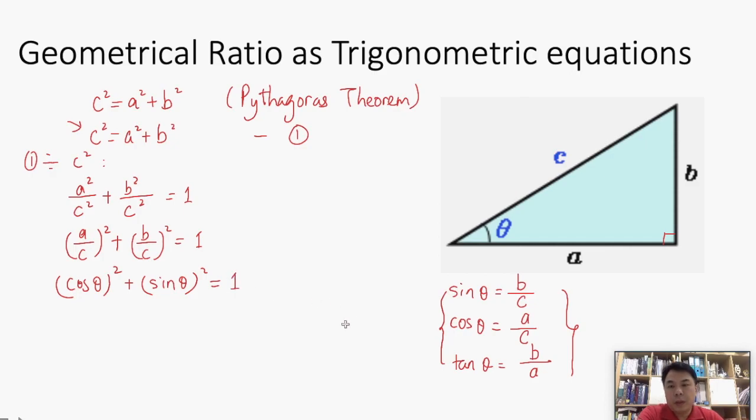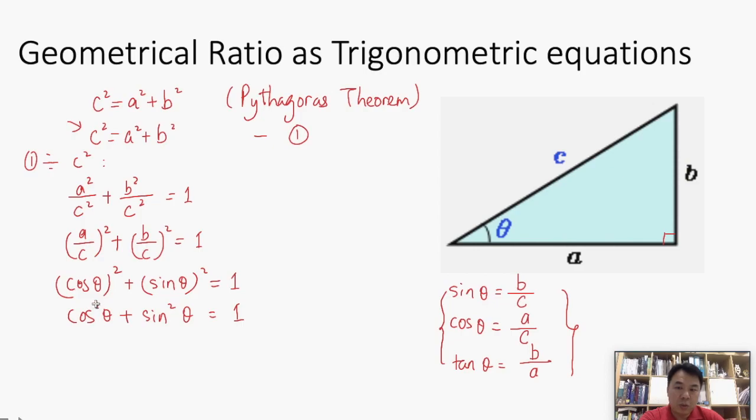Now this is the normal convention for how we write the square of a trigonometric ratio, right? But most of the time textbooks would prefer to write this in this form. Just to make everything clear, cosine theta is one mathematical object.